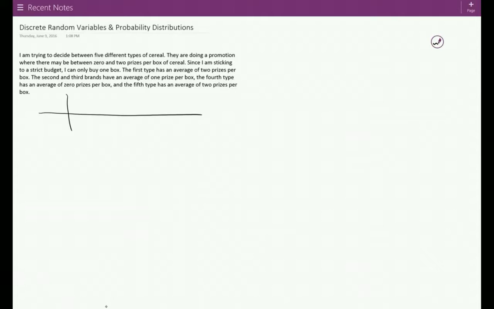So first, let's take this information and put it in table form, which makes it easier to think about. So we have the type of cereal and the number of prizes on average. And we have 5 different types of cereals, and there are 3 possible outcomes: 0 prizes in a box, 1 prize in a box, or 2 prizes in a box.